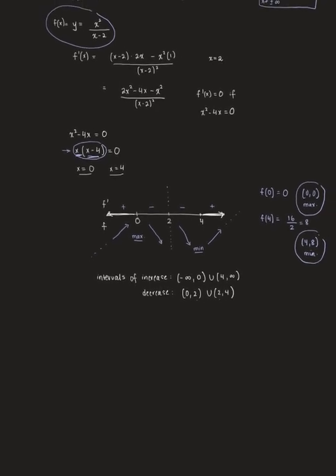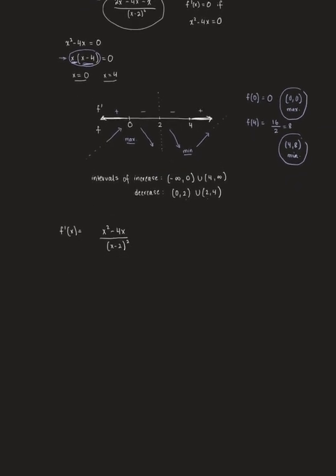So our first derivative was right here. So that was x squared minus 4x as our numerator, and the denominator is x minus 2 squared. All right, so let's take that second derivative, and we're going to use the quotient rule again.